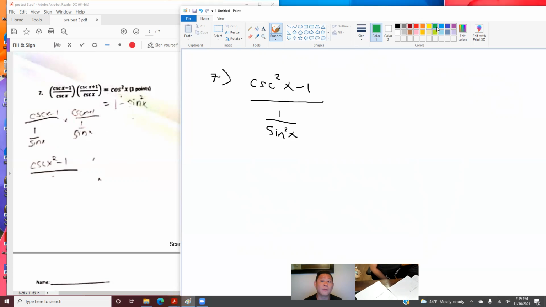Now, can you tell me what can we do with this one? Yes, you can change that to 1 plus cotangent squared x. Now, what is cosecant squared x minus 1?